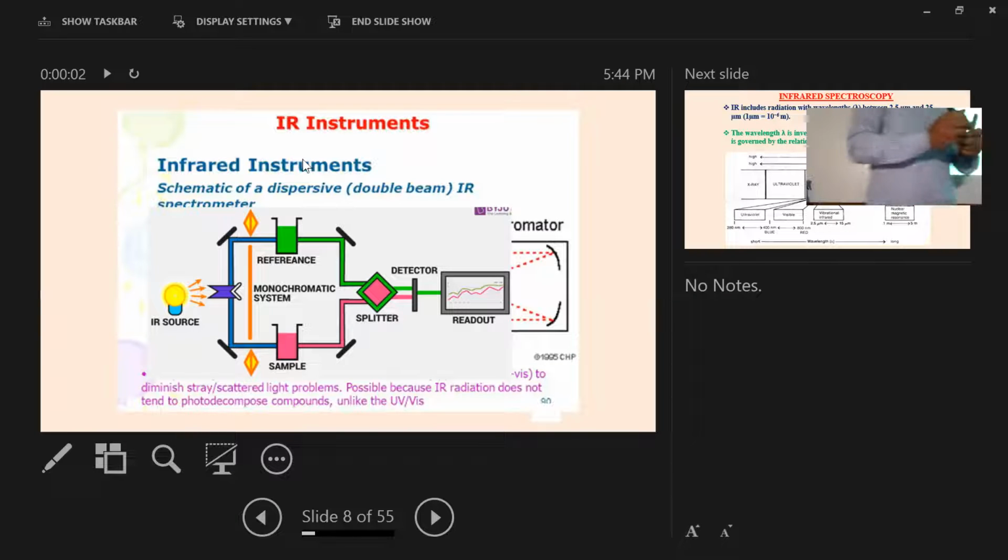Actually I didn't mention one thing: why the molecule will absorb the light. That is very important. Now you are familiar with the interference of light. Have you ever heard of resonance? Okay, so you are familiar with resonance and also maybe interference of light.